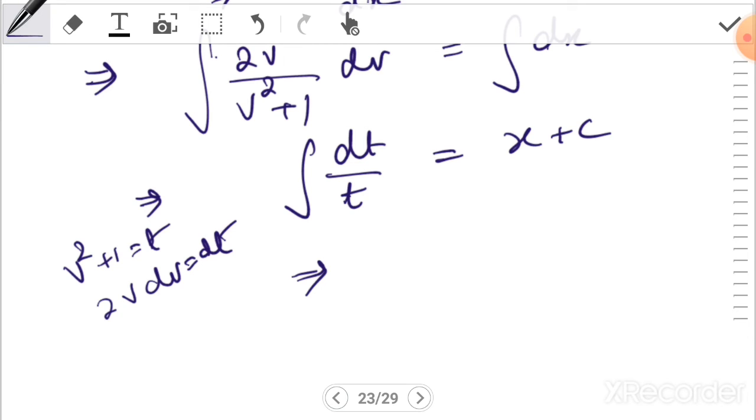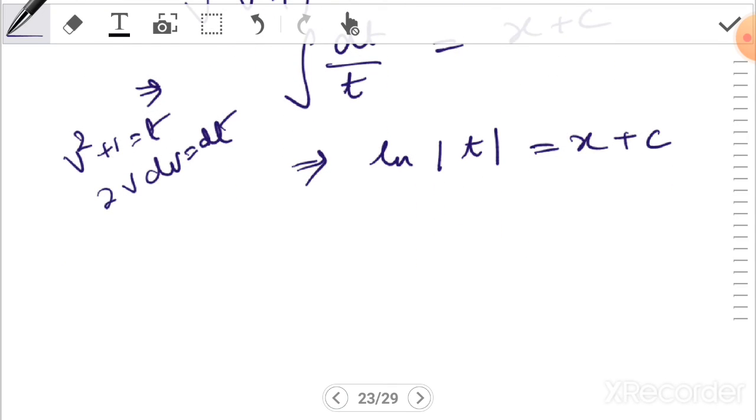Again this is nothing but log t is equal to x plus c. Now putting back value of t, okay, so that is log (1 plus v square) is equal to x plus c.